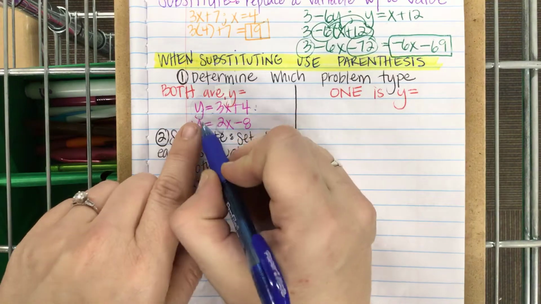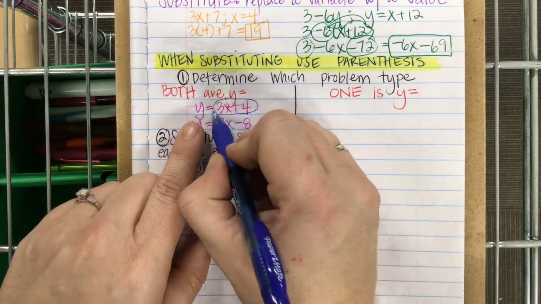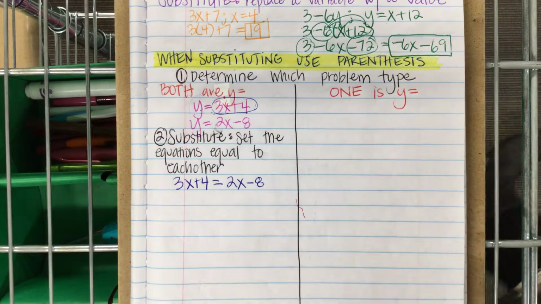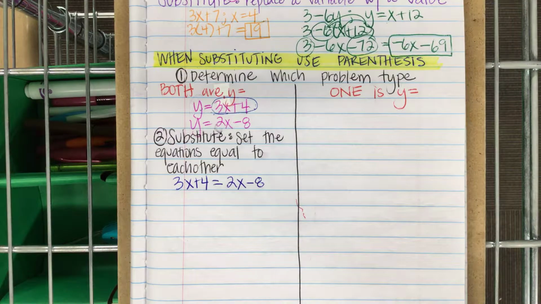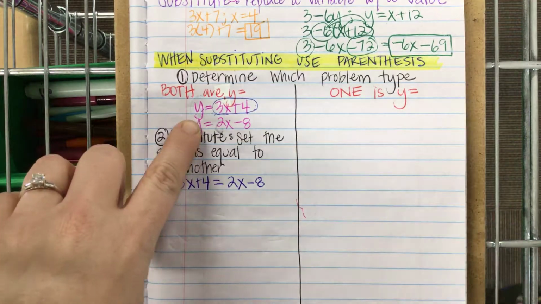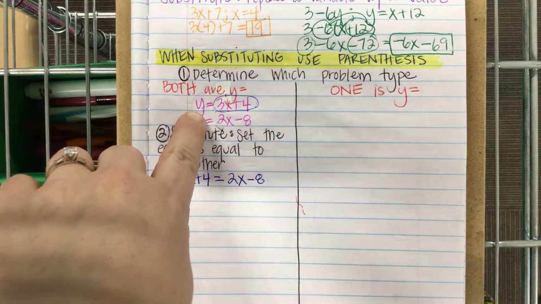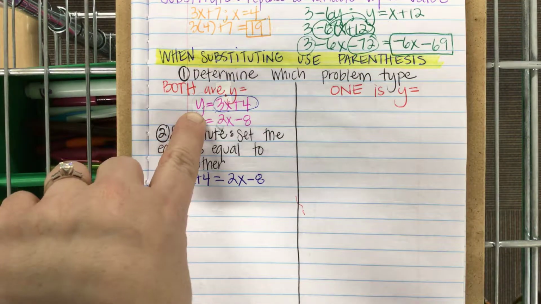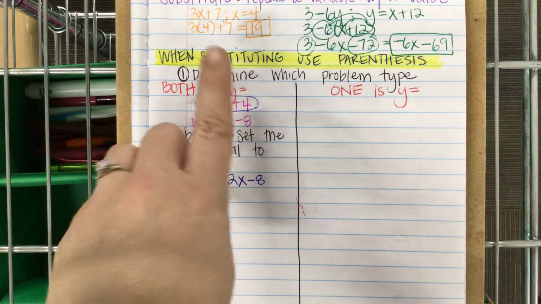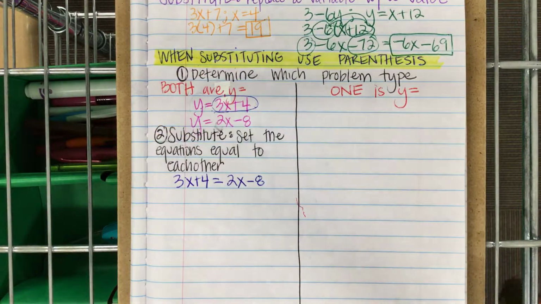Instead of the variable y, I can put 3x plus 4 because that first problem tells me y and 3x plus 4 are the same. They're equal. So if I saw another y out there, I could cover it up. I could erase it. And instead of the variable y, I could put 3x plus 4 because 3x plus 4 and y are the same.